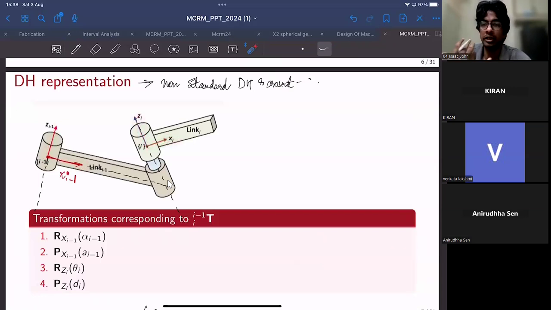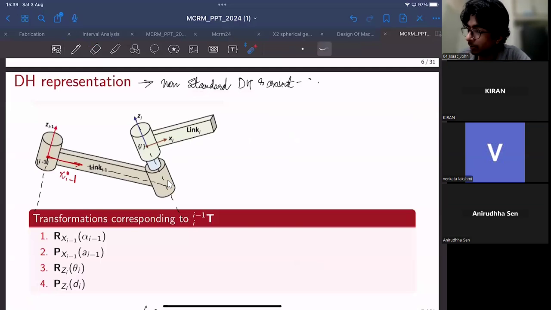Using the right-handed thumb rule, you can also always locate the y-axis. Maybe Yi minus 1 would be along this direction, and Yi would be along this direction. But you should note that the y-axis is not included in the DH representation. All that matters is the z-axis and the x-axis.